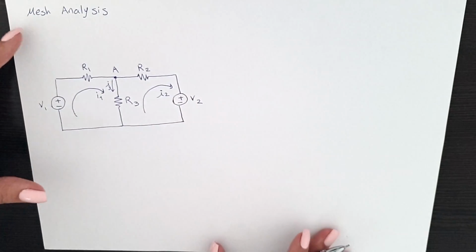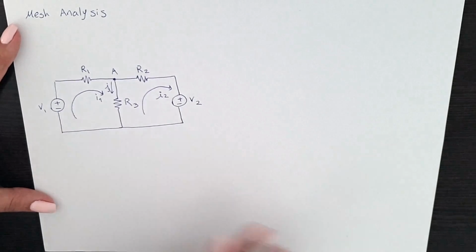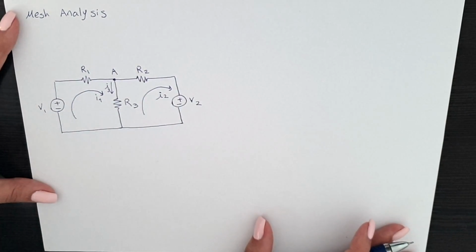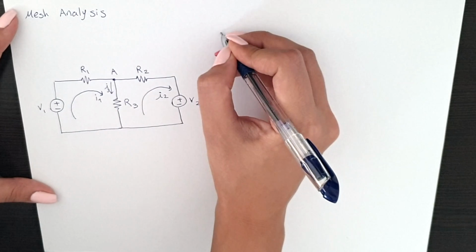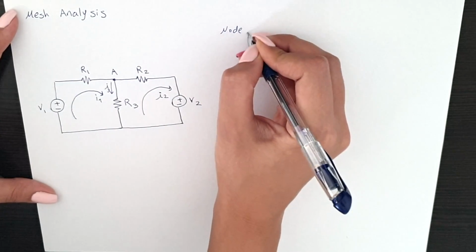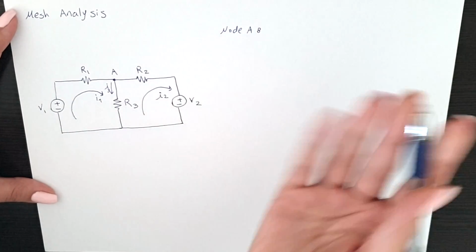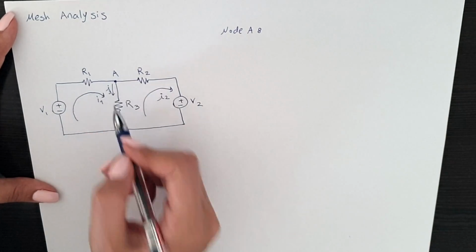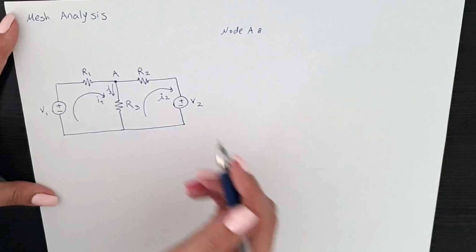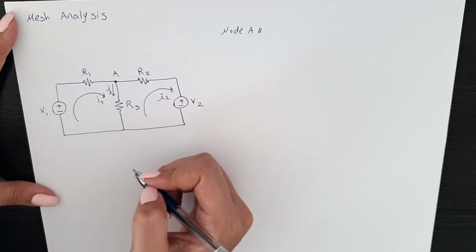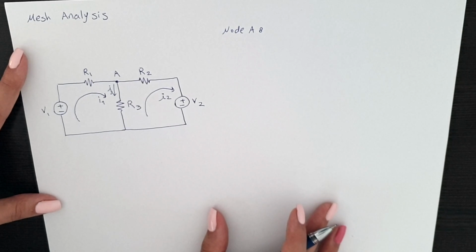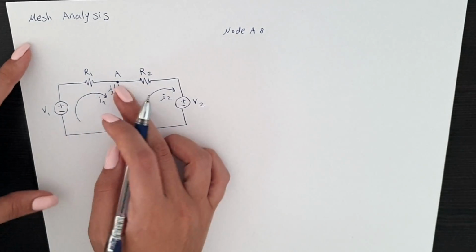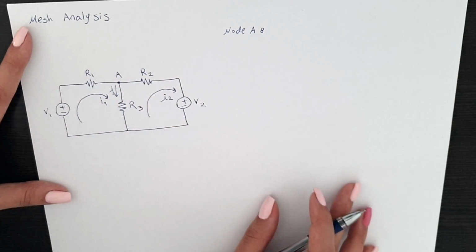But first things first, I want to show you something before we start the mesh analysis. If we say we have a node A, and if you haven't watched my video on nodal analysis, I advise you to watch it before this one, because I'm gonna use nodal analysis for these currents in here. At node A, the currents going into one node are equal to the currents coming out of that node.